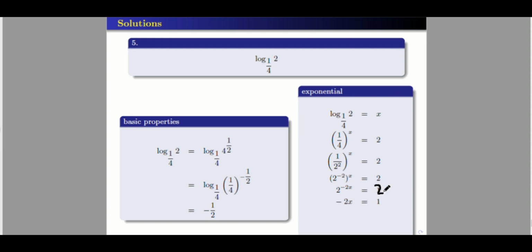The exponent of 2 here is 1. That is why we have the exponent negative 2x equals 1. Dividing both sides by negative 2, therefore x is equal to negative 1/2. So the result of this is negative 1/2. So they have the same answer.